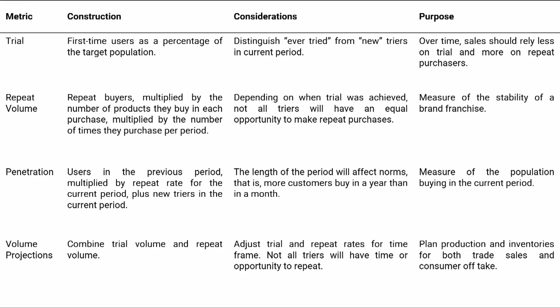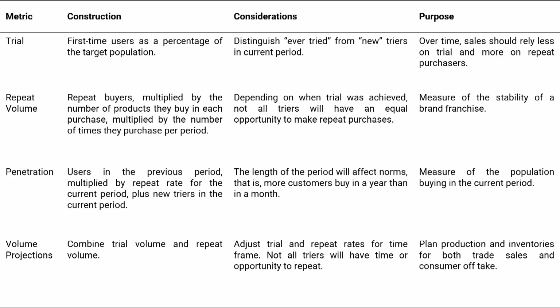Considerations for this metric are, depending on when the trial was achieved, not all the triers will have an equal opportunity to make repeat purchases. Only a proportion of the triers will be our repeat customers. The purpose of this metric is that it measures the stability of a brand franchise. How many customers are patronizing the brand.